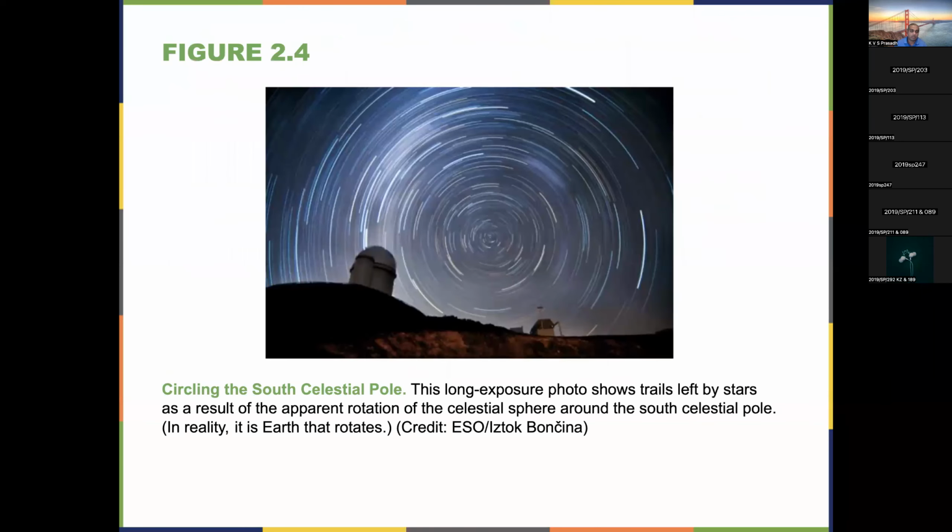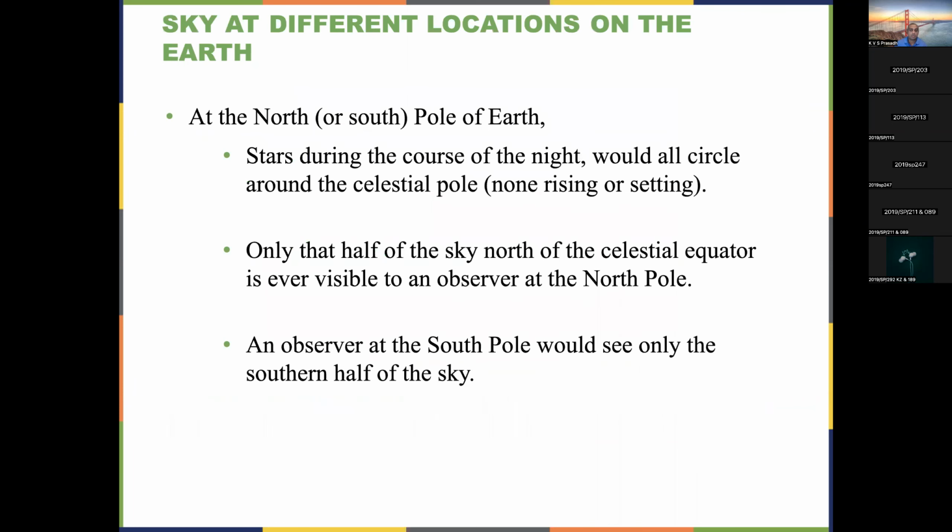For example, we discussed how the stars are moving at different locations, on the celestial equator, and also at the north and south poles, and also in mid latitudes, what happens, right? So that's what we have discussed.